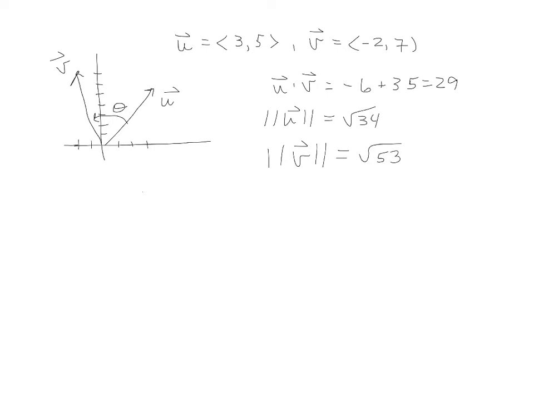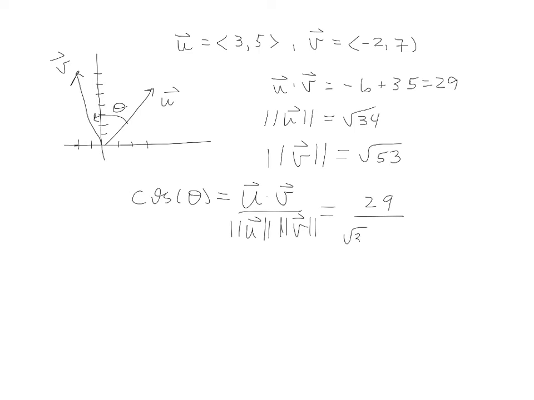So therefore we know that the cosine of theta is equal to the dot product of u and v over the magnitudes. There we go, which gives us 29 over the square root of 34 times the square root of 53, and if you use your calculator, that's about equal to 0.6831.